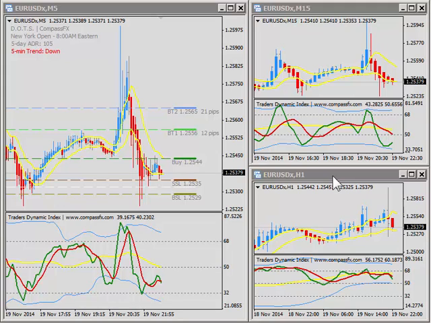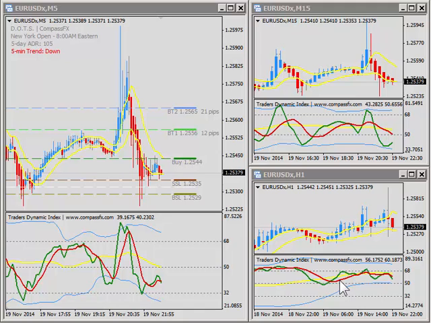What I'm looking for in my current trend is, do I have rising or falling average price bars? And is it matched to the yellow line, which is the market baseline? The yellow line, the TDI, represents the direction of the overall market. The green and the red line represent the current market sentiment. What generally happens is the green and the red line will move away from and back towards the yellow.